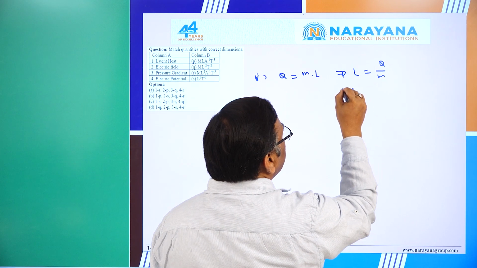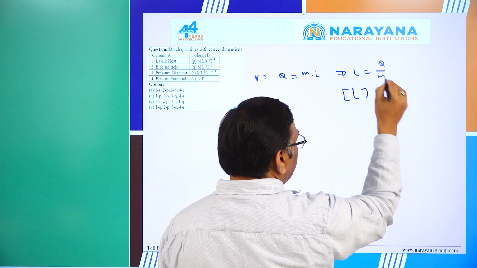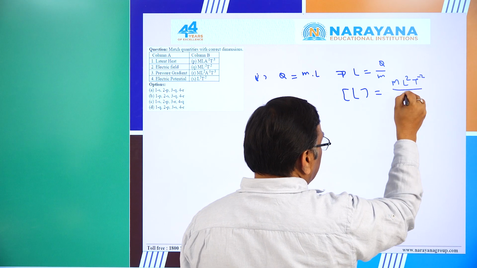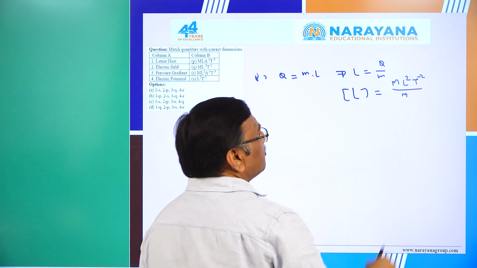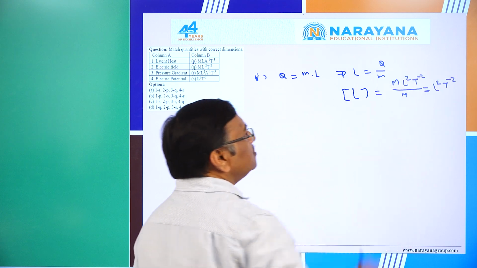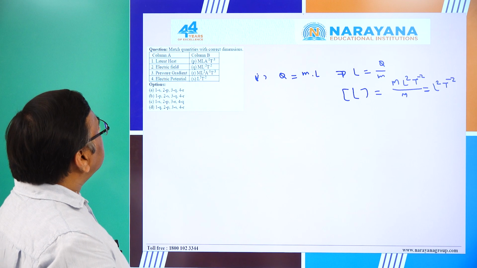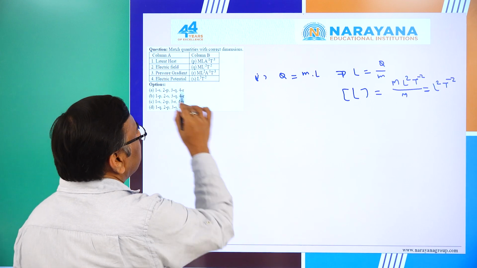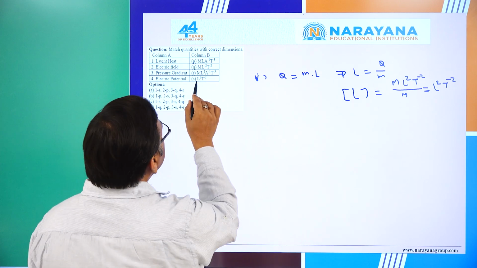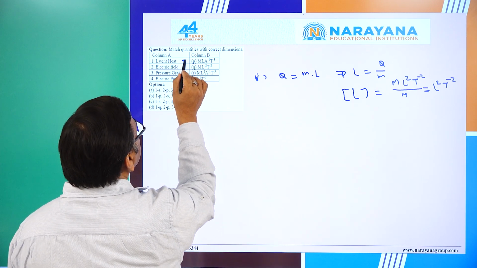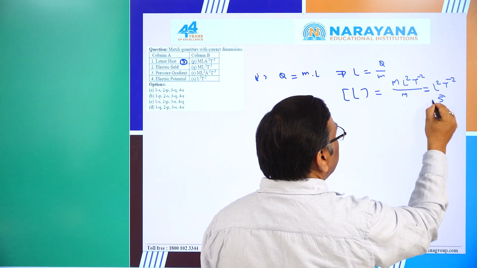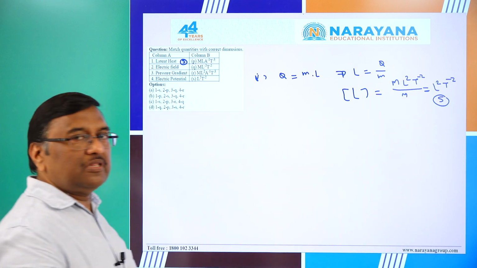If I write my dimensional formula for L, it is going to be Q is equal to M L squared T to the minus 2, divided by M. That is simply L squared T to the minus 2. So L squared T to the minus 2 is there anyhow. Latent heat first of all, divided by m, so L squared T to the minus 2, yes, it is there, S. So latent heat, that means first corresponds to your option S. That means this is equivalent to S. So one is matching with S.